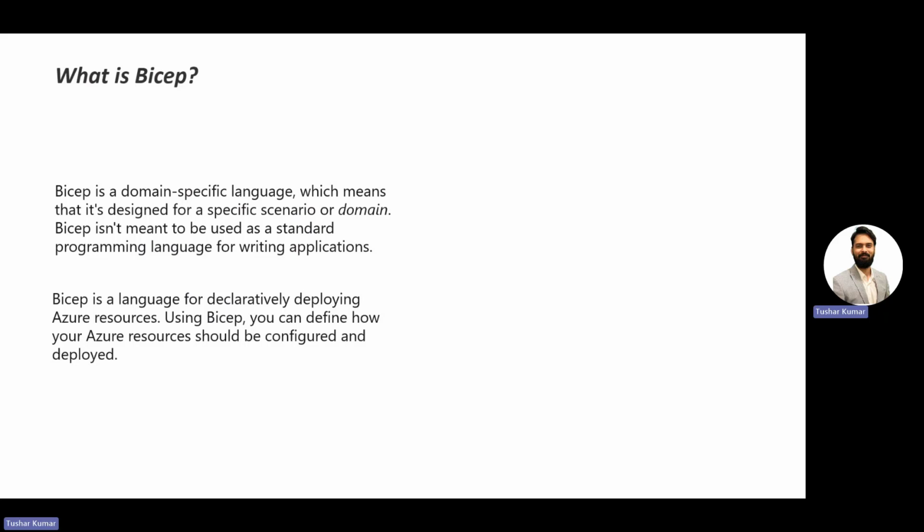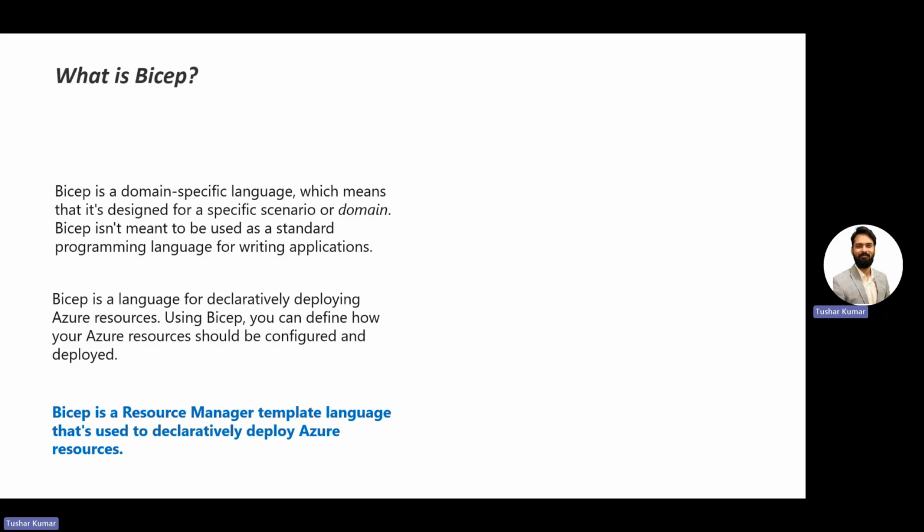You are not telling someone, okay, take a right from there and a left from that corner and then you'll reach that place. You are just saying you need to go to that place, and then it decides automatically how you are going to reach that particular place. Bicep gives you more flexibility, and it basically works on top of your Azure Resource Manager.